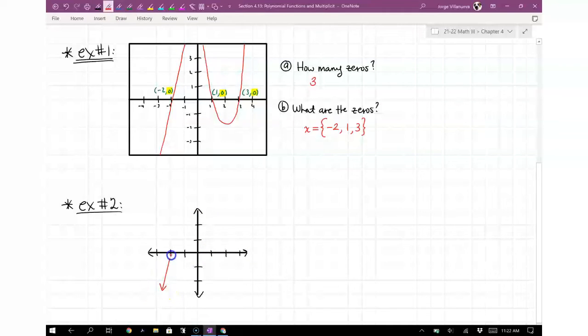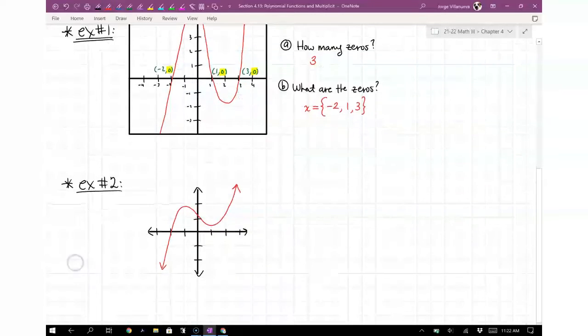So what if I give you a graph that looks like that? Again, you don't have to draw it exactly like mine. All that matters is the shape of it. Draw however you want, just make sure it goes up, down, and up. The question they're going to ask us is to classify this function.